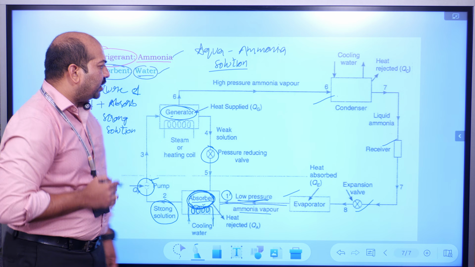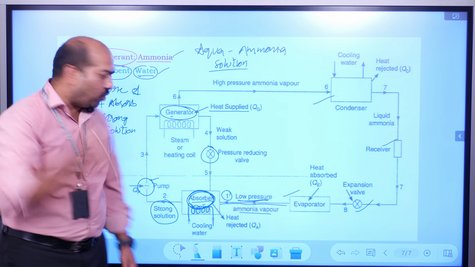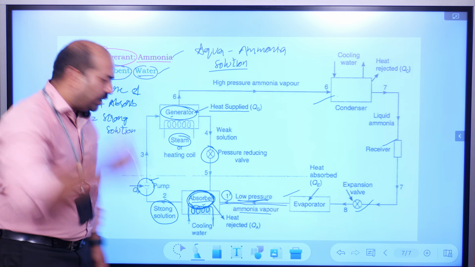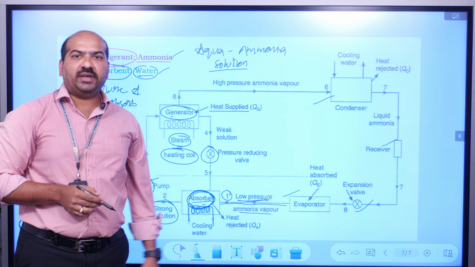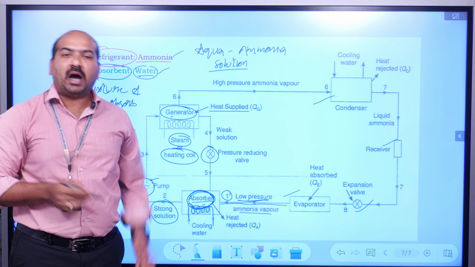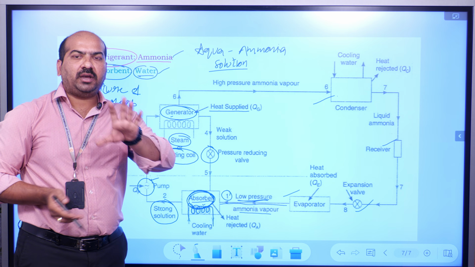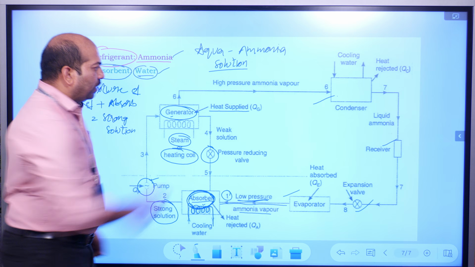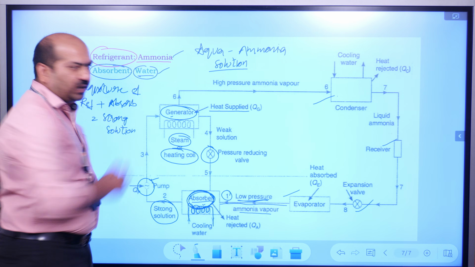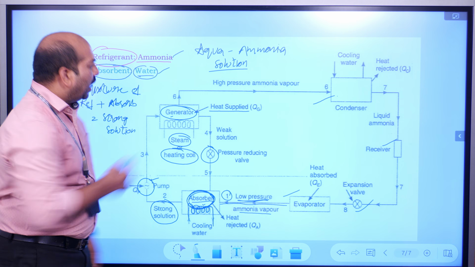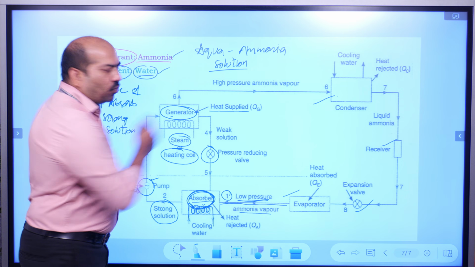Inside the generator, we supply heat. It may be in the form of steam, a heating coil, or waste heat from industry effluents, or in situations where other energy is not available, you can also make use of solar energy. When we supply enough heat to the generator, the strong solution gets heated, and ammonia easily evaporates and separates from the water.